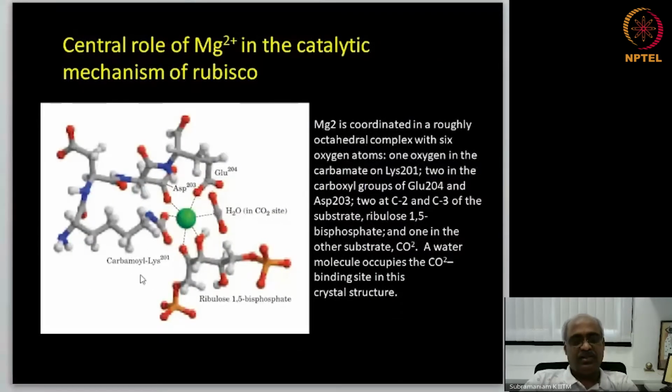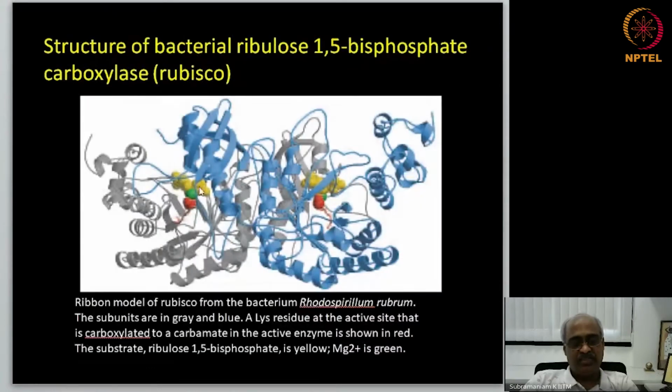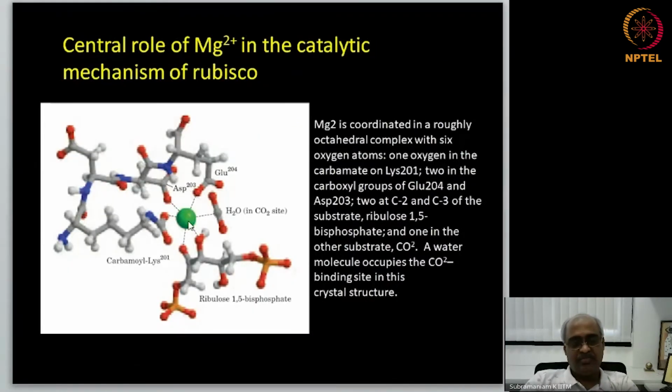All right, so here a close-up of this region, but particularly focusing on the magnesium. So here you see magnesium coordinated with atoms, actually oxygens from the substrate. Here two bonds in the substrate, one more with another substrate. Normally it is carbon dioxide in the actual catalysis. Here for crystallization they have used water.